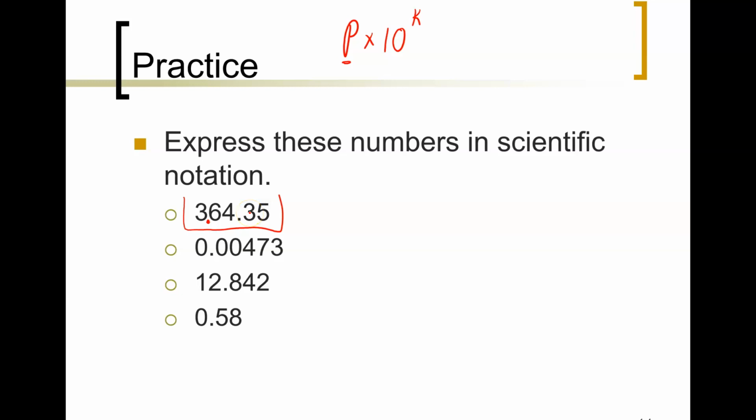3.6435. If I place it after the 6, then it's not between 1 and 10, it's 36.435. If I place it before the 3, it's not between 1 and 10 because it is 0.36435. So we place it after the first significant digit always. So 3.6435.